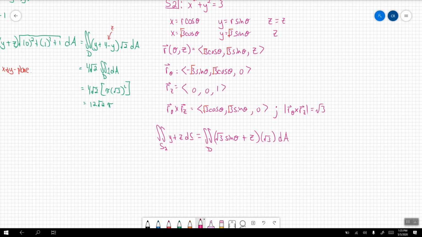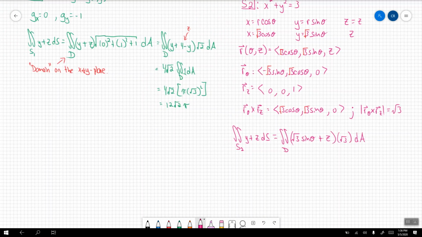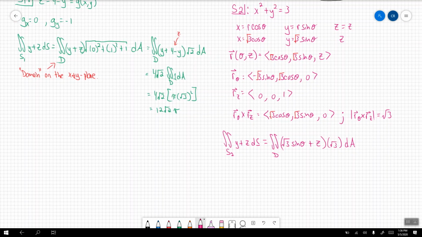So let's go through and now let's start classifying what our bounds are going to be. Alright, let's see if we can get these bounds here. Square root of 3 sine theta plus z, and this is going to be square root of 3. Now dA, that's going to be the variation over the variables that we chose, which means it's going to be d theta dz.